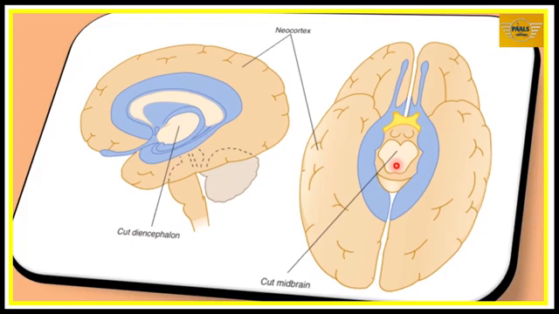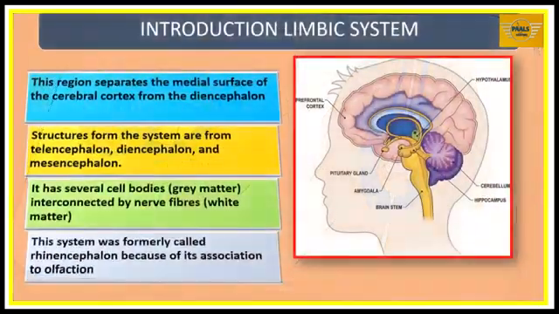So we see these structures that form a ring around the upper part of the midbrain and the diencephalon. So these structures make up the system called the limbic system. This term was first presented by a man called Broca. So what does this region do? It separates the medial surface of the cerebral cortex from the diencephalon.